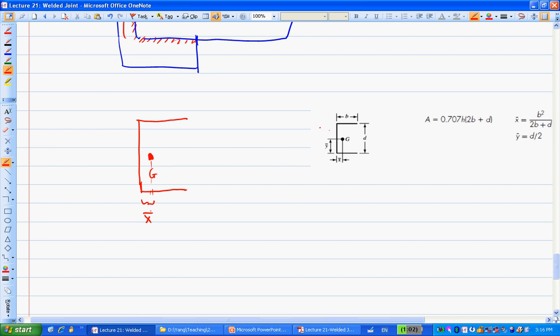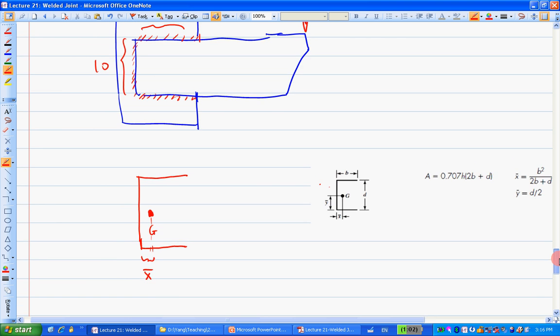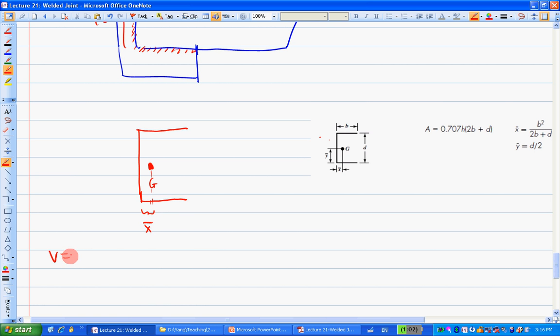See, the trick here is to make use of information to calculate what you want here. So first thing is, what do we need? We need to know basically the V, that's same as F, and then we need to know the T, the torque. And the torque equals how much? F times the distance from the location of F to the location of the centroid.